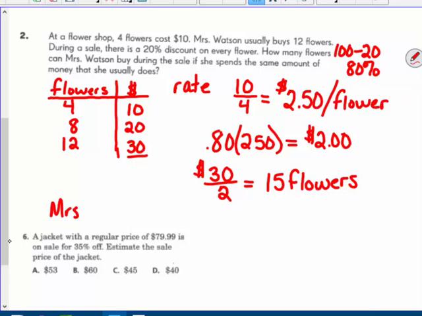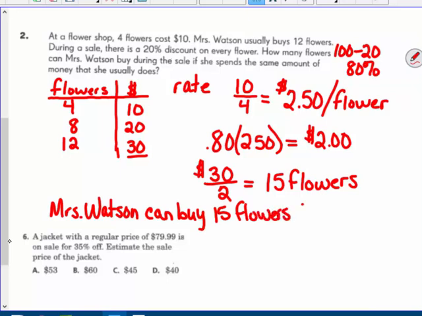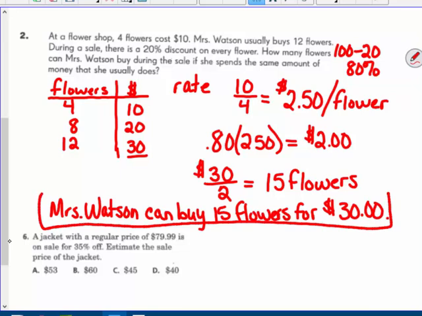So I'm going to say she can buy 15 flowers for her $30. She used to get 12, now they're on a discount. Now she can get 15 of them for that same amount of money, $30.